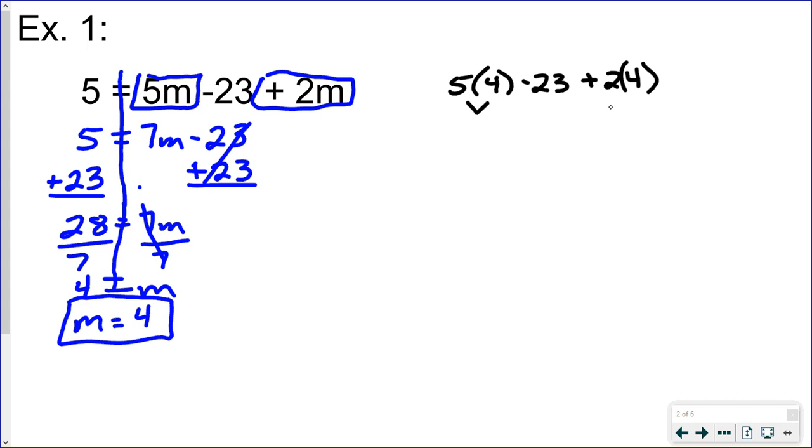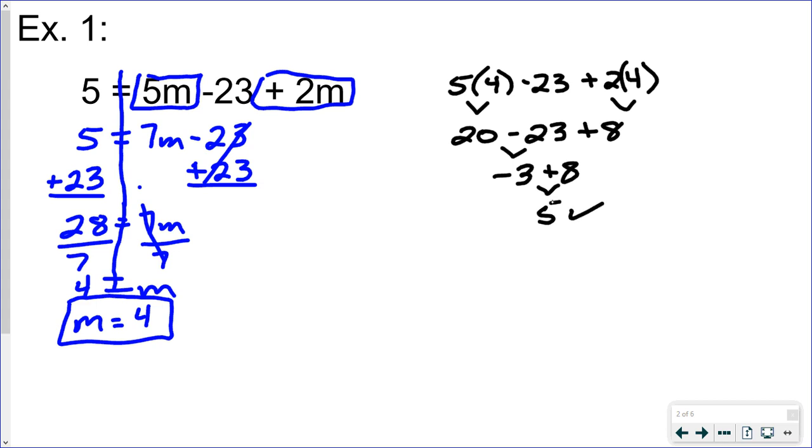Make sure you follow PEMDAS and do the multiplication first. So I have 20 minus 23 plus 8. 20 minus 23 is negative 3 plus 8 is positive 5, which is what this was supposed to be equal to. So I now got the correct value for m.